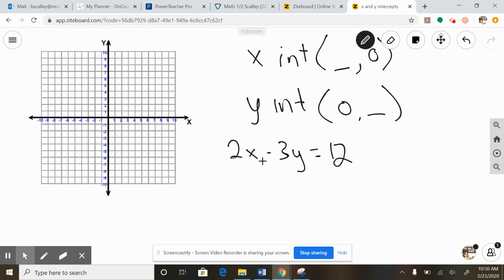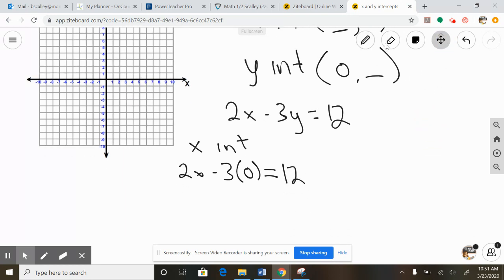So for my x-intercept, you notice the x-intercept is (blank, 0). The 0 is in the y-coordinate spot. So I can plug in 2x minus 3, and I plug in 0 for y equals 12. So I'm basically saying, if I plugged in 0 for y, what would the x-coordinate be?